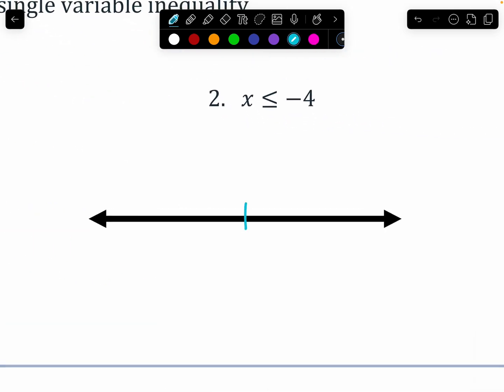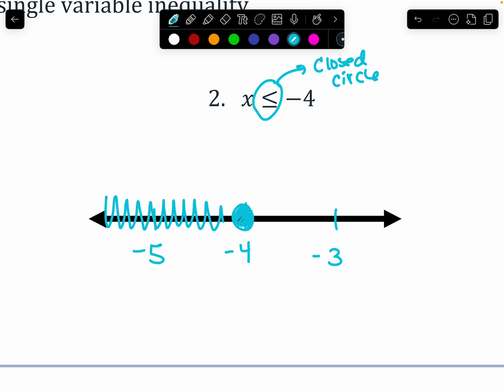If I have something like this, I've got -4, I've got -5, and I've got -3. I have a circle on top of -4. Because this has an equal sign, this is going to be a closed circle. So I'm going to fill this in. And then this says x is less than or equal to -4. So I'm going to shade all of the possible solutions that are less than -4.